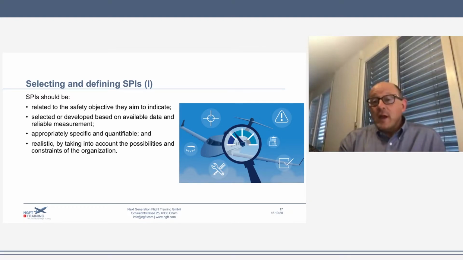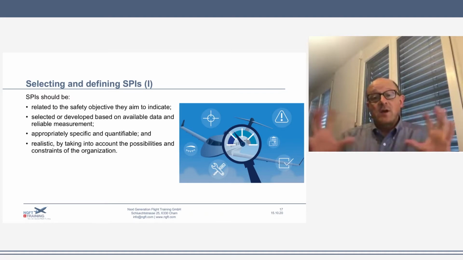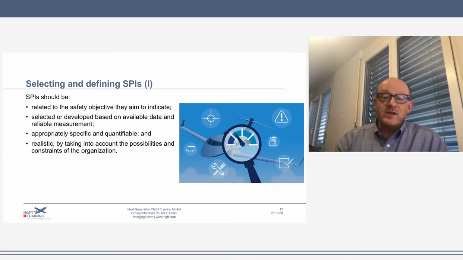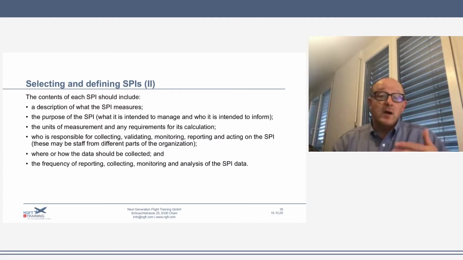It should be specific and quantifiable, then realistic as well, and especially for smaller operators, that is an issue, because there's only so much resource available. You need to be able to measure it and analyze it, and it should not be too much effort because you have other things to do. So rather start small and then expand on the next level.